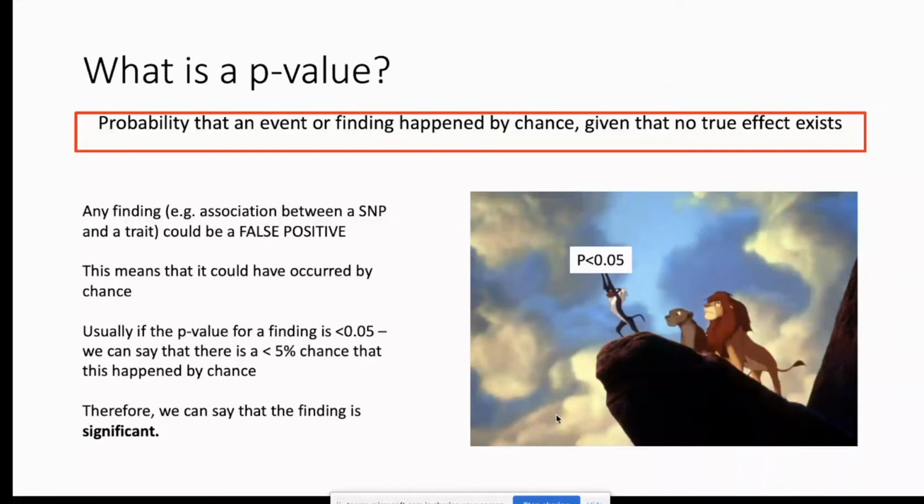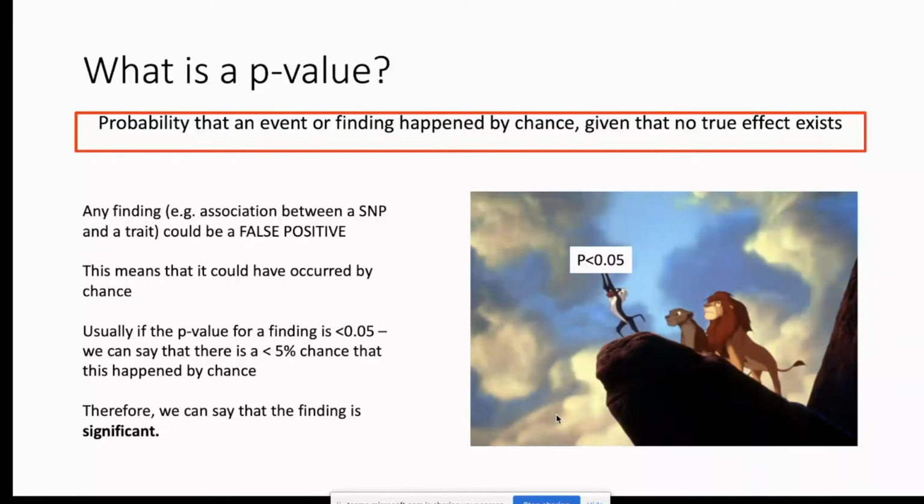I've mentioned the p-value. I just want to make sure everyone understood what a p-value is. The p-value is the probability of us getting that finding by chance. So given that there was no true association between a genetic variant and the outcome, what was the probability of finding this association by chance?